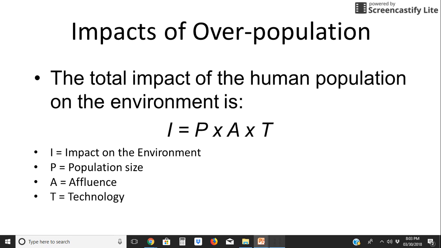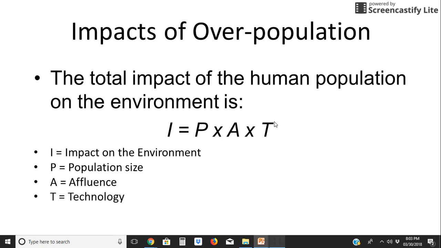So IPAT is actually one of these formulas that you guys need to know, and the impact of the human population on its environment, I, is equal to how large the population size is, our affluence of the country or of that population, so how well off that population is, and then finally how much technology the population has available to them.